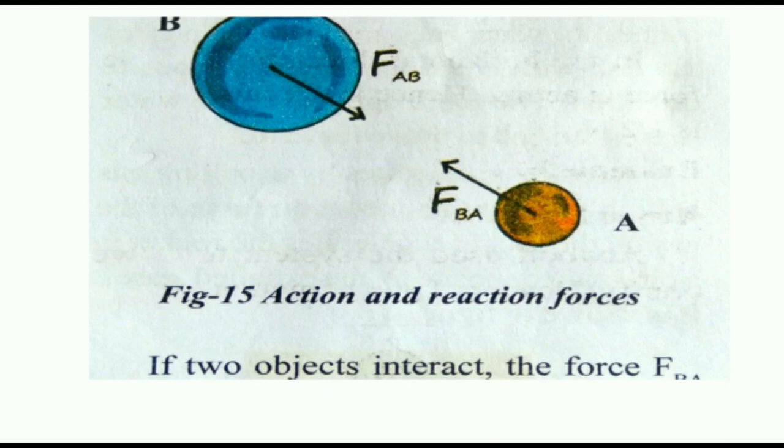The force F_BA exerted by object A on object B is equal in magnitude and opposite in direction to the force F_AB exerted by object B on object A. So F_AB is equal to minus F_BA. Both forces' magnitudes are equal but directions are opposite.